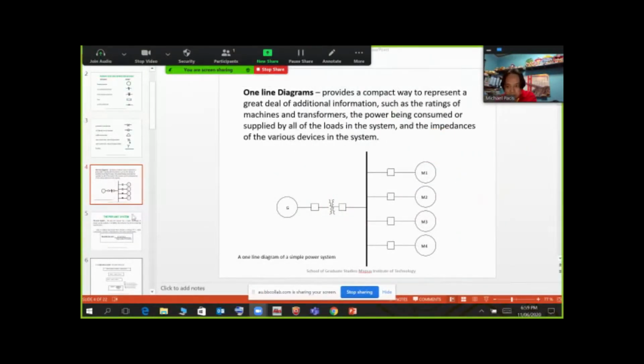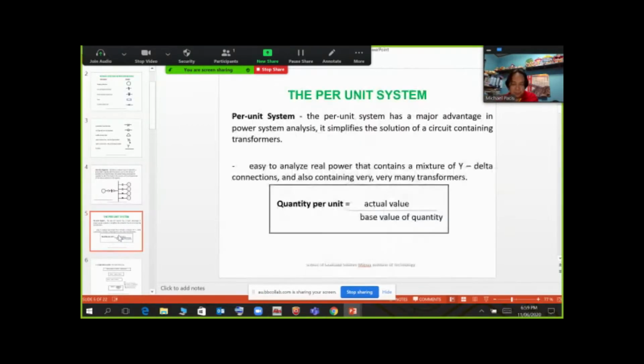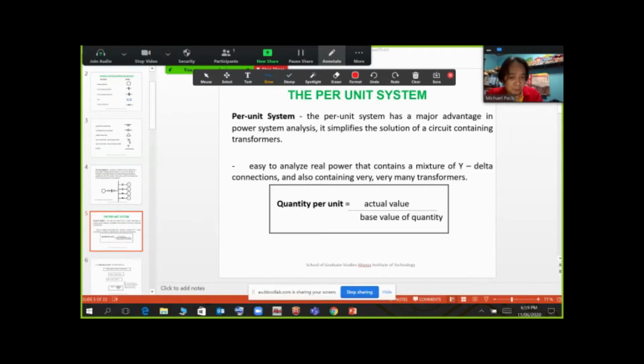You can clear all the drawings, and that is per unit systems. Now the question is, what is the formula for per unit systems? The per unit is just as simple as this: whatever the actual value is, you divide it by the base value to get the per unit. So what is the unit of a per unit system?